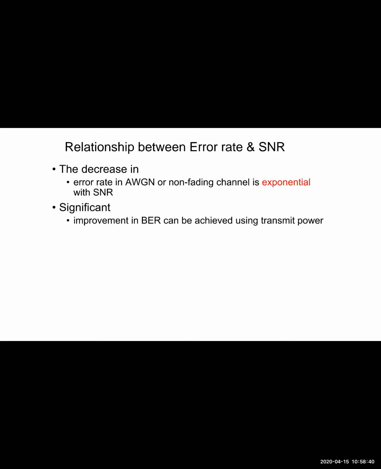So the default way of reducing bit error rate is what? Increasing the transmit power. All that we want to do is see whether you can do that in a fading environment. Those are the conclusions that we want to draw. Is that okay? Yeah, that's fine.